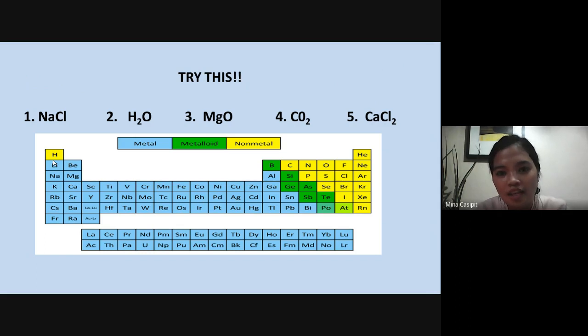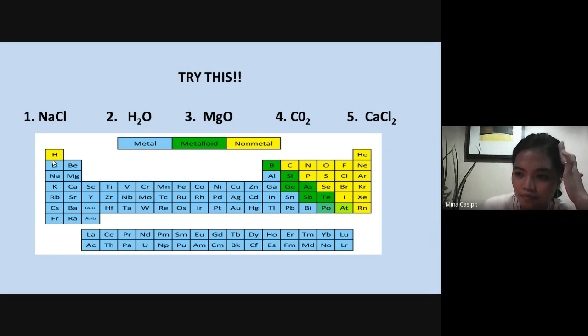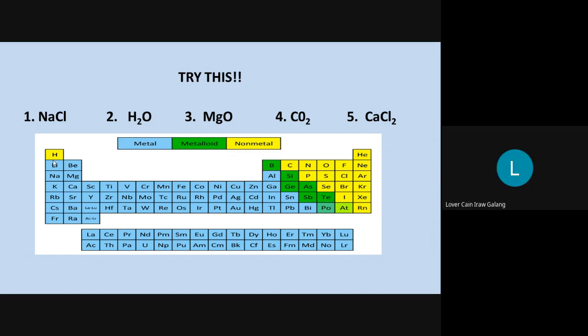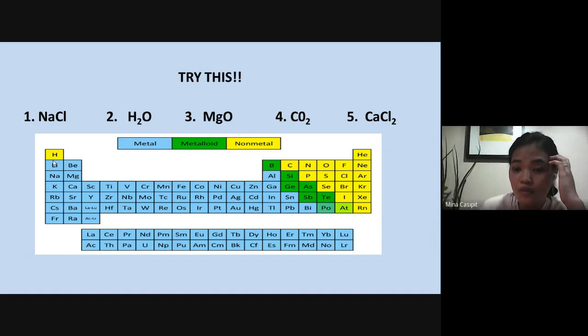So hydrogen, is it metal or non-metal? Metal, ma'am. Hydrogen, tingnan mo yung label. Yes.